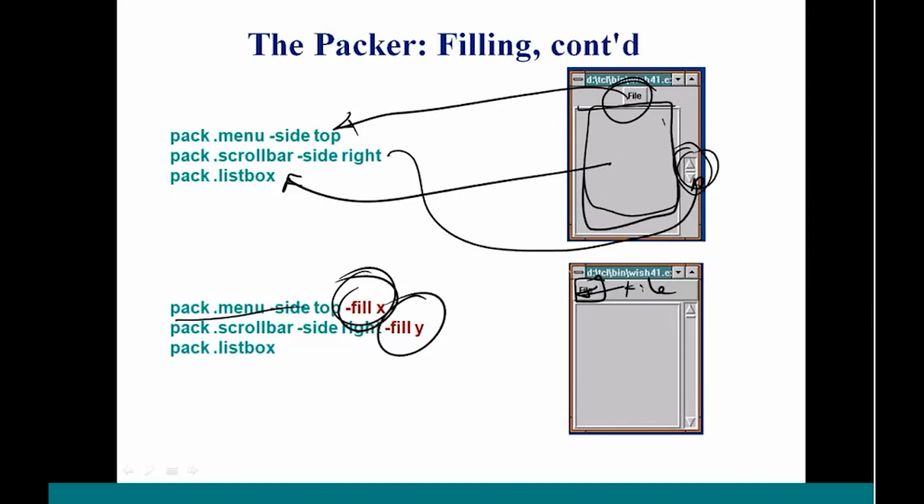So here is the file, and this button itself is extended all the way to the end. That is fill X, and then for the scroll bar we want to fill the Y direction, so that it goes top to bottom. And then we can have our little list box, which is here.